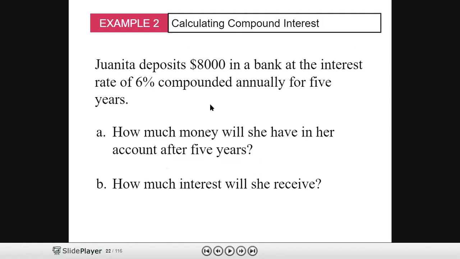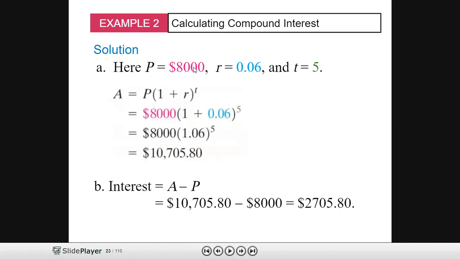Another example is that this amount is deposited in the bank at this compounded rate, and we will have to use that to solve. But this is not our problem. We are just talking about the applications of the exponential function. So here you can put all those values, and you can get the answer.